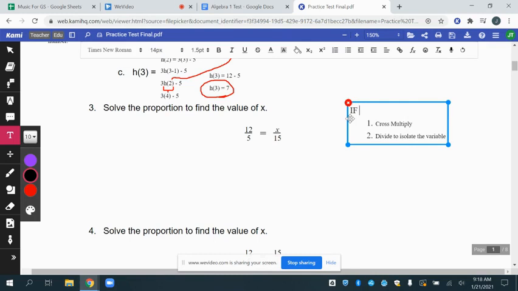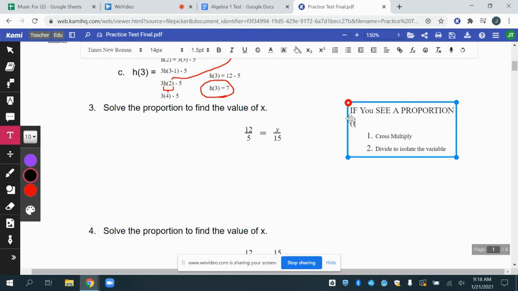If you see a proportion, two equal fractions, these are the steps you're going to do every time. Okay, so I'm going to do that really fast.